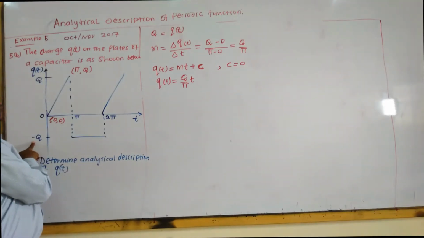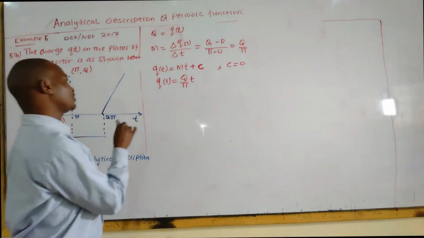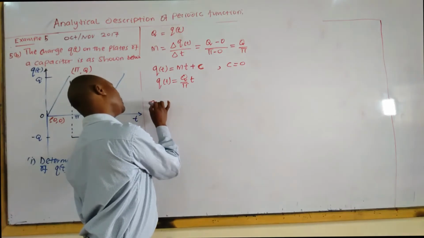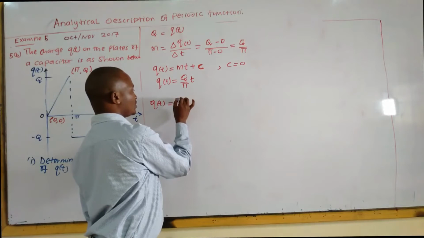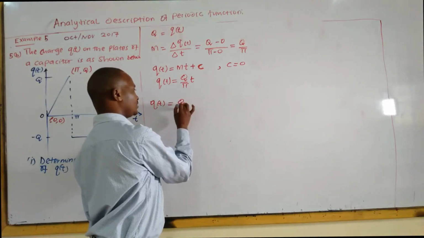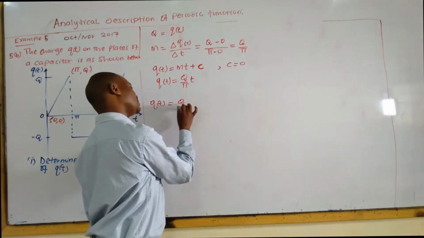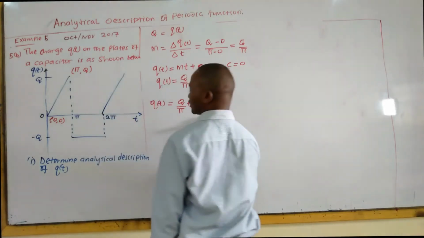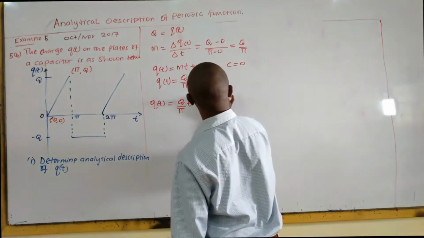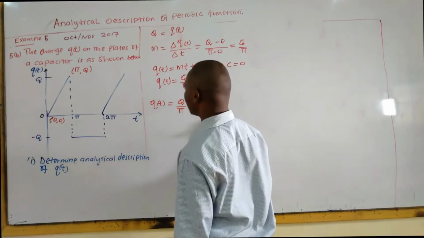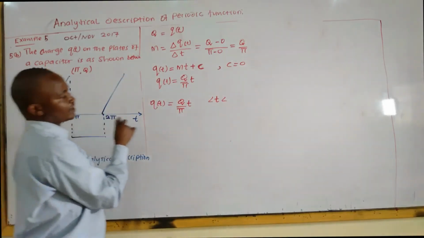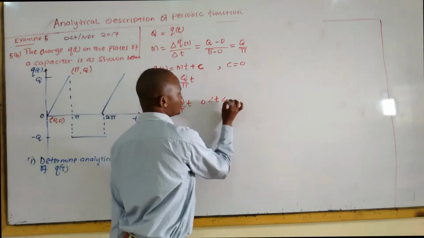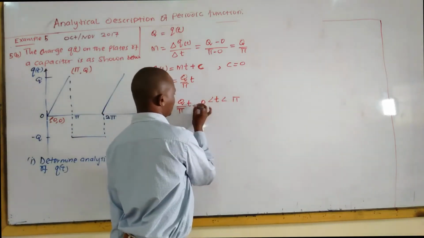We can now start doing an analytical description. Q of t is equal to Q over pi times t, for t lies between 0 and pi.